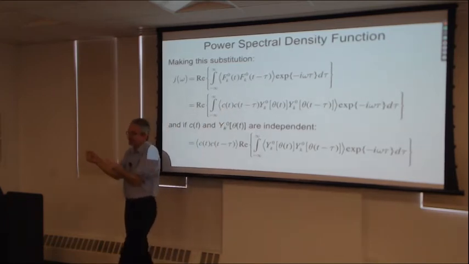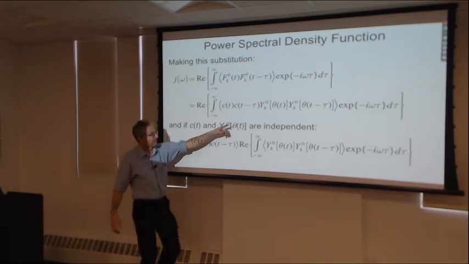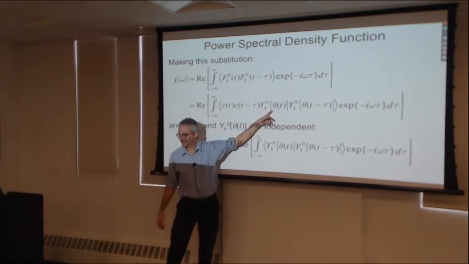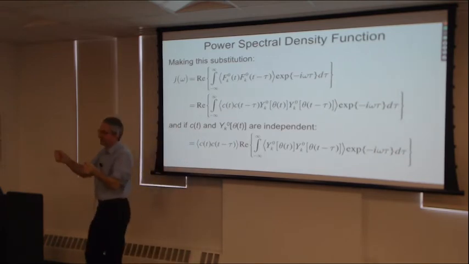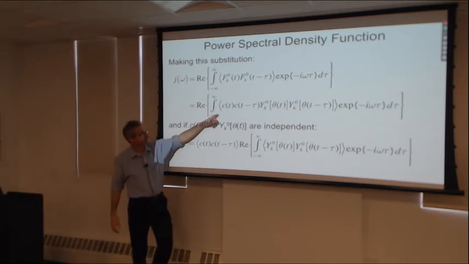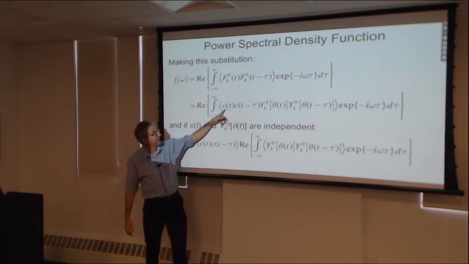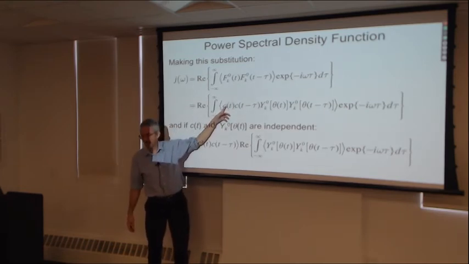So think about bond vibrations. The bond vibrations are on a femtosecond time scale. Tumbling is on a nanosecond time scale. So the autocorrelation function for the bond vibration will have decayed to a plateau long before the molecule has tumbled. So that I can replace this then with the square of the average of C of t.